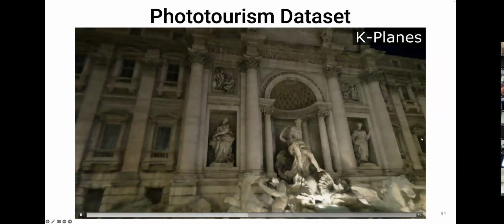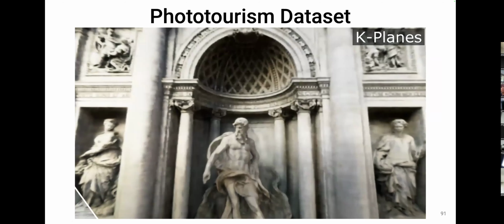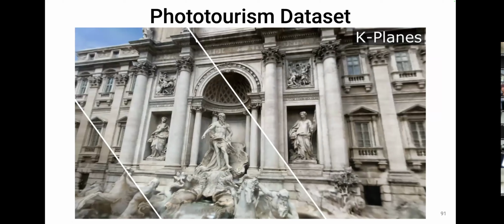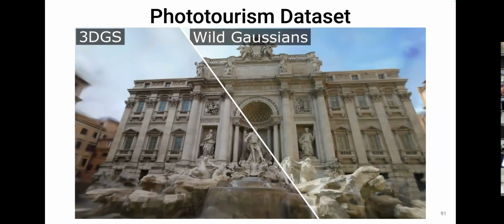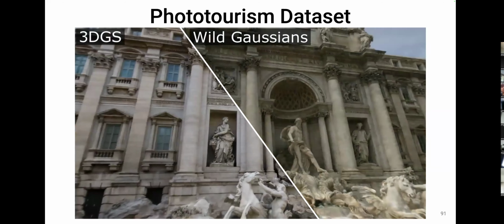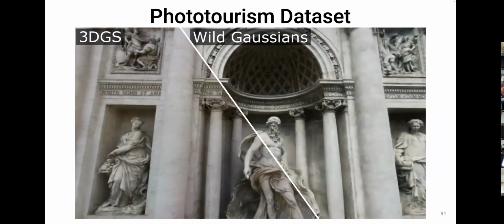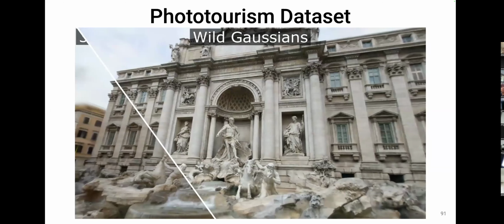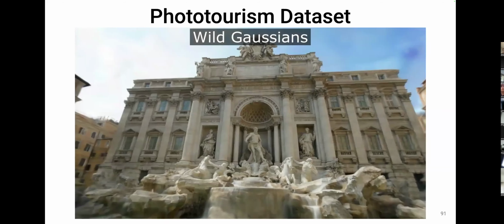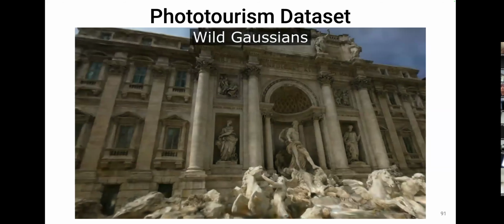You can see all these floaters. Yeah, it's over-blurry. And then if you see here, well, with 3D-GS you cannot really change the lighting basically. So we can model this explicitly.